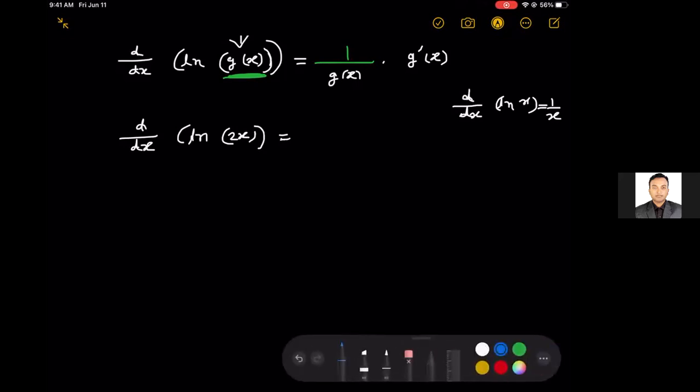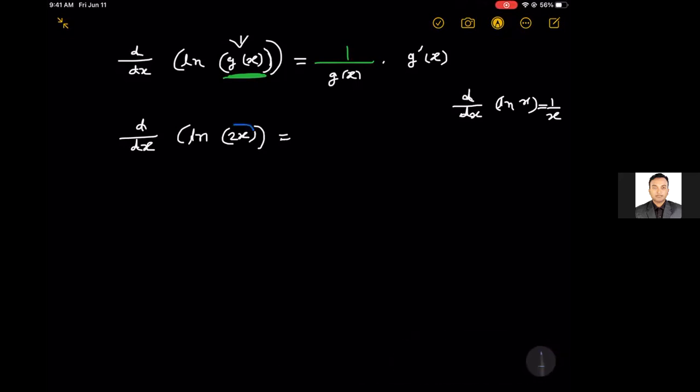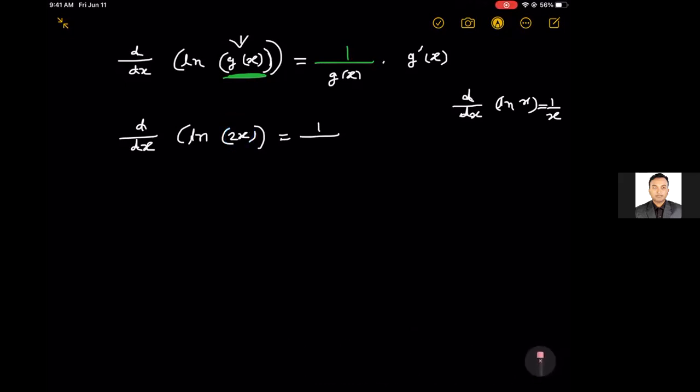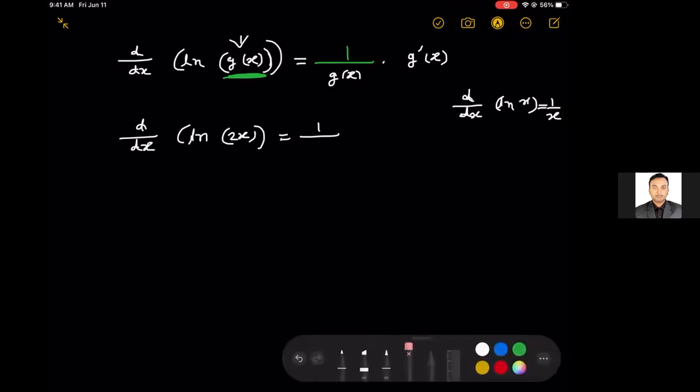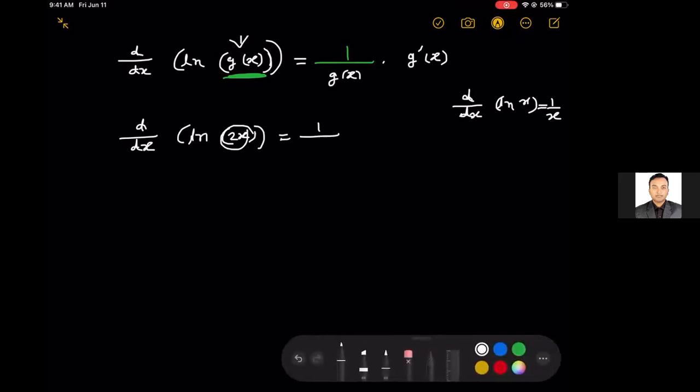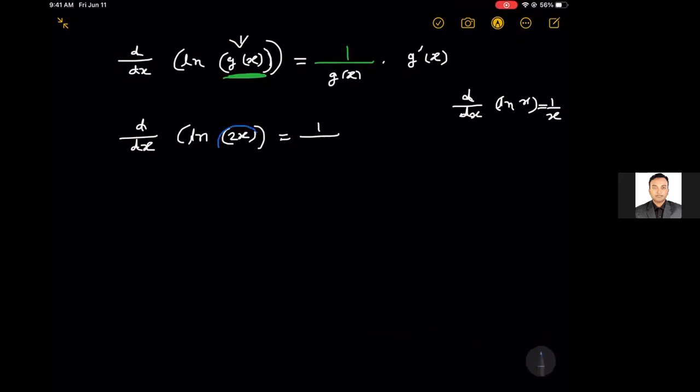So using the chain rule, let's imagine this is my x. That means for natural log of this, the derivative will be 1 over this, right? Whatever you have with the natural log, you'll just take 1 over that. It will be 1 over 2x.